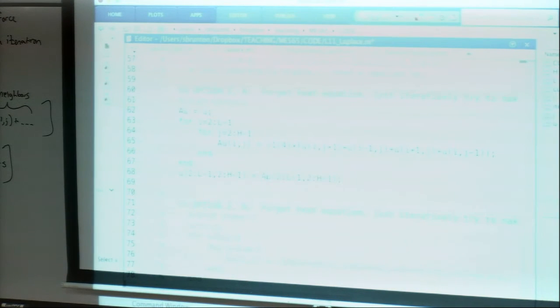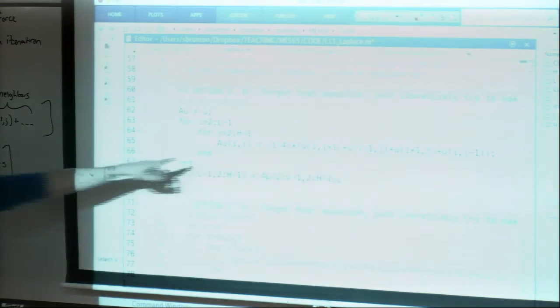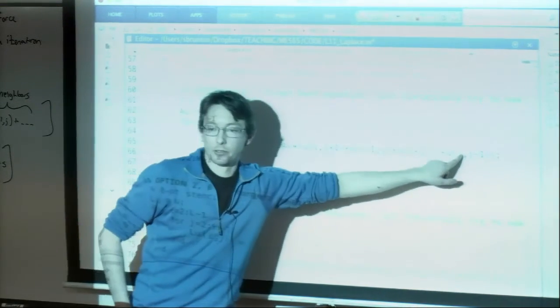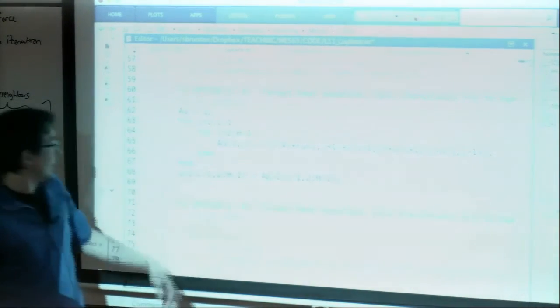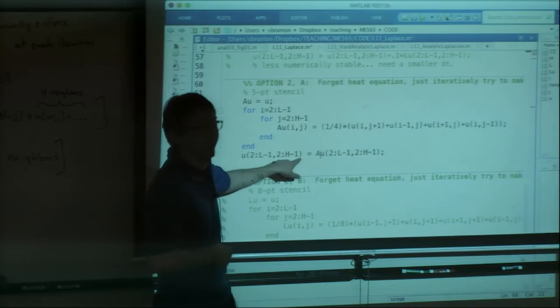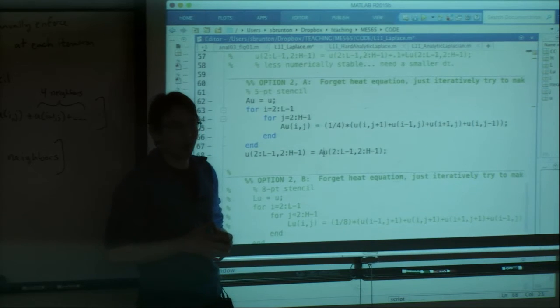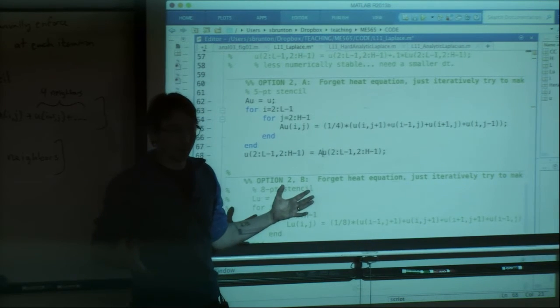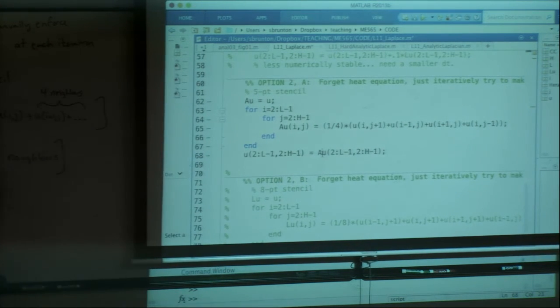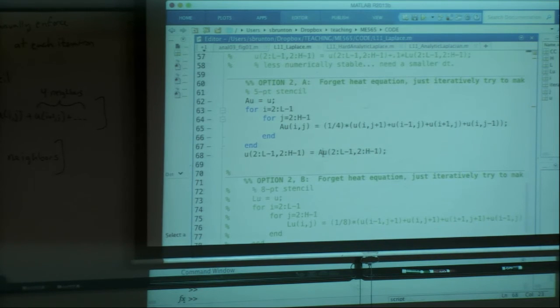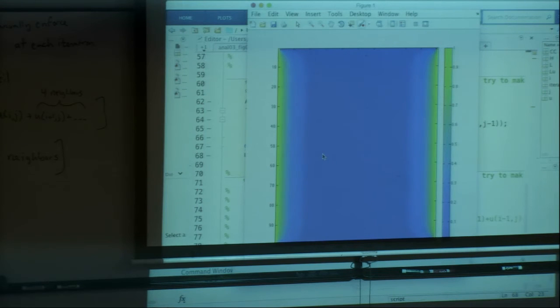This is the average of all of my neighbors, just 1/4 of the sum of all of my neighbors. At every iteration, I set all of my interior points equal to the average of their neighbors. This seems incredibly simple, but it works. Totally works.